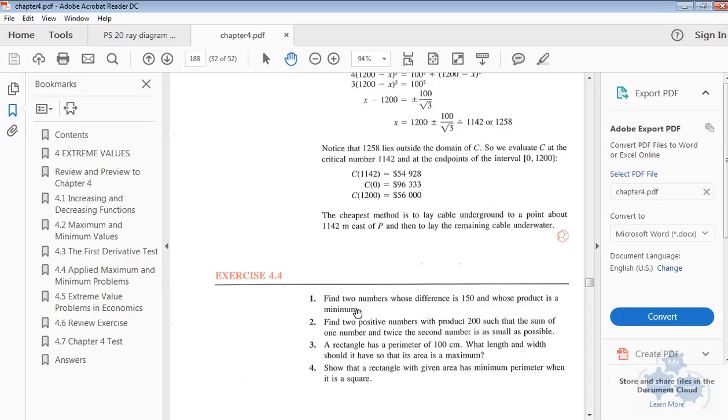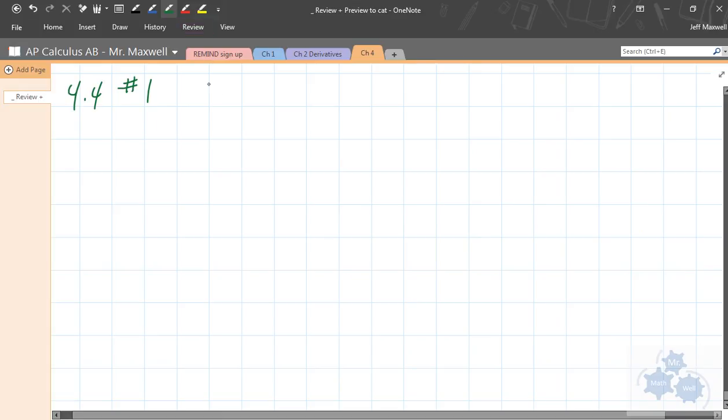So there's two major pieces of information there, right? The two numbers are such that when you subtract the large one minus the small one, you're going to get 150. So let's just start with that. Let's say x is the large number of the two, and y is the smaller number, and when you subtract them, you get an answer of 150.